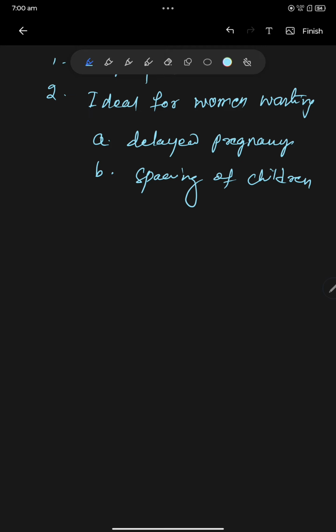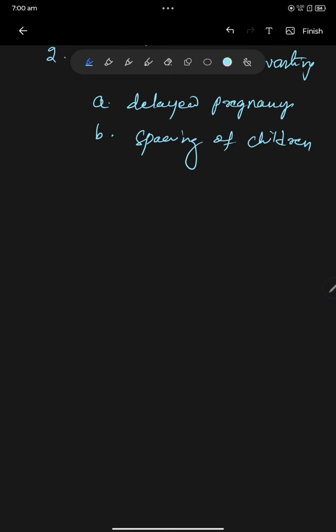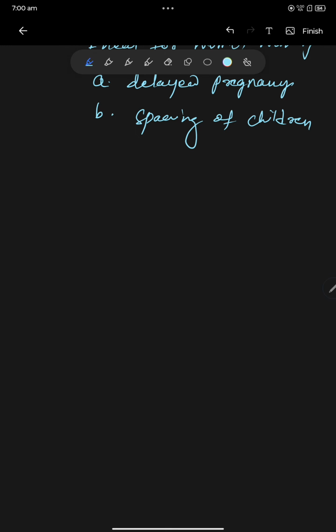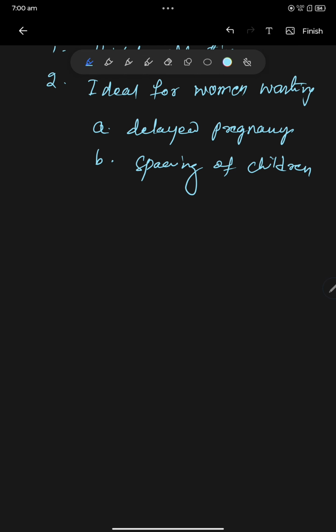Okay, so this particular point is asked as a 2-mark question or 1-mark question. Your MCQ may also be asked, assertion and reason may also be asked. And this is the only method that is widely accepted in India.